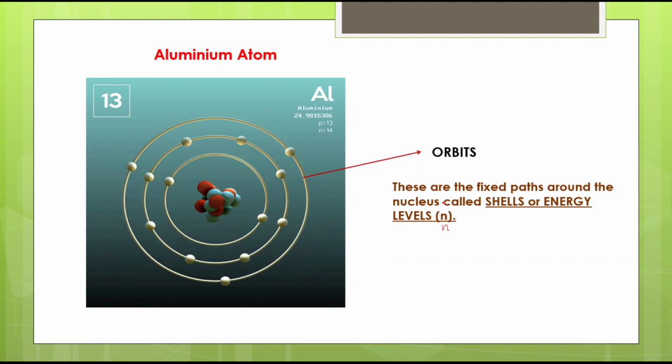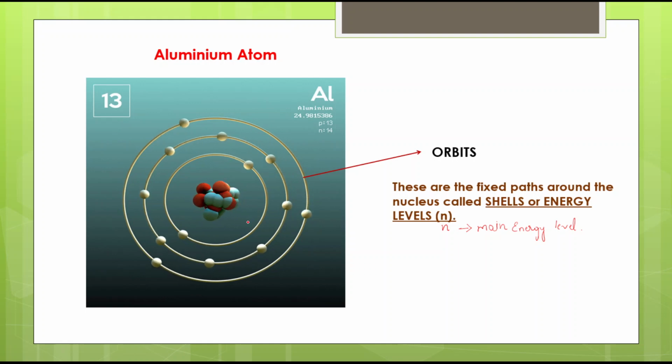So we also call them orbits. So shells, energy levels, we also call them by one more name, that is main energy level. I hope it is clear. So electrons are revolving around the nucleus. We shall study in detail about these orbits, main energy levels or shells.